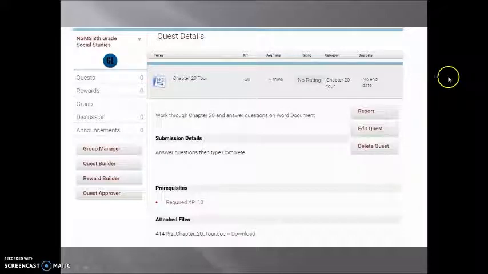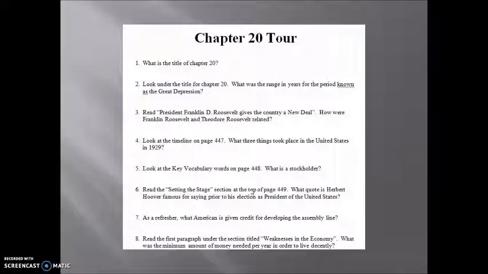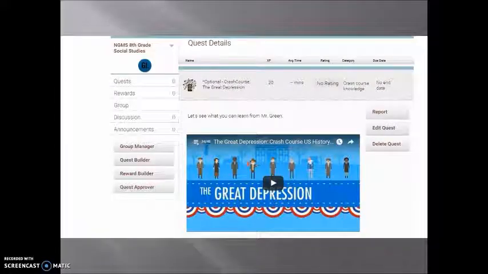And here's quest details. Work through the chapter 20 and answer the questions on the Word document. And then type complete, and they would receive those points. This is the chapter 20 tour that they would access. And then this is a link to a crash course on the Great Depression.